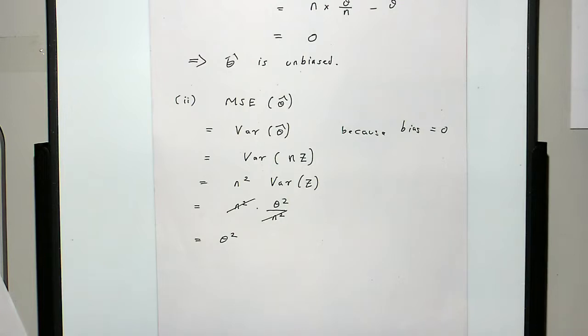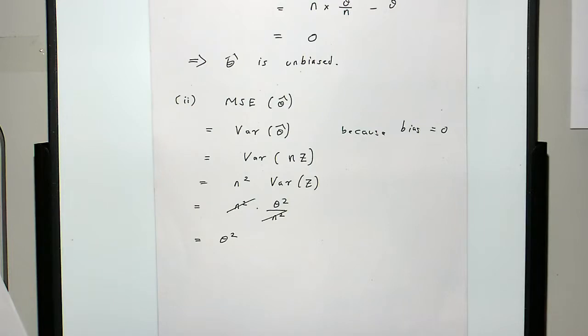You okay, guys? Yes? All right. So that's part 2. Part 3, well, we have already answered the question. So part 3, the answer is yes, because the bias is 0. For part 4, the answer is no, because the MSE does not approach 0.